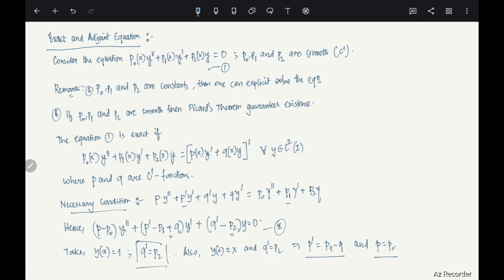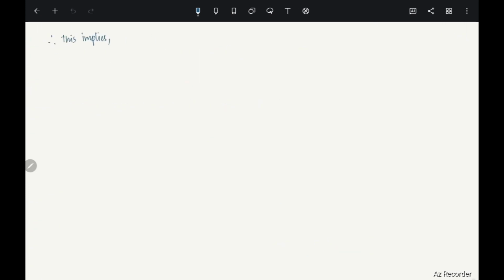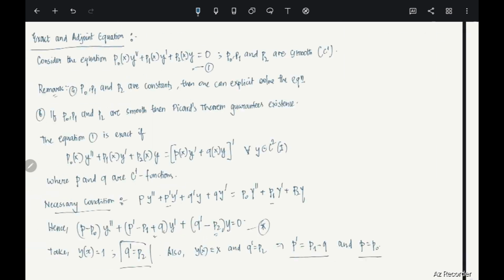And then q prime is p2. So if you put all of this together, see what do we have? Let us write it here. Otherwise, we will get confused. So what do we have? P naught is p. P1 is p prime plus q, and we have another one, right?